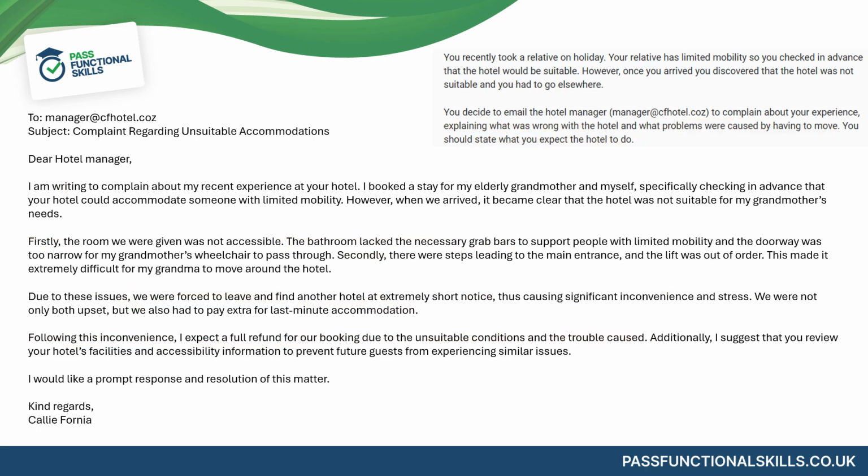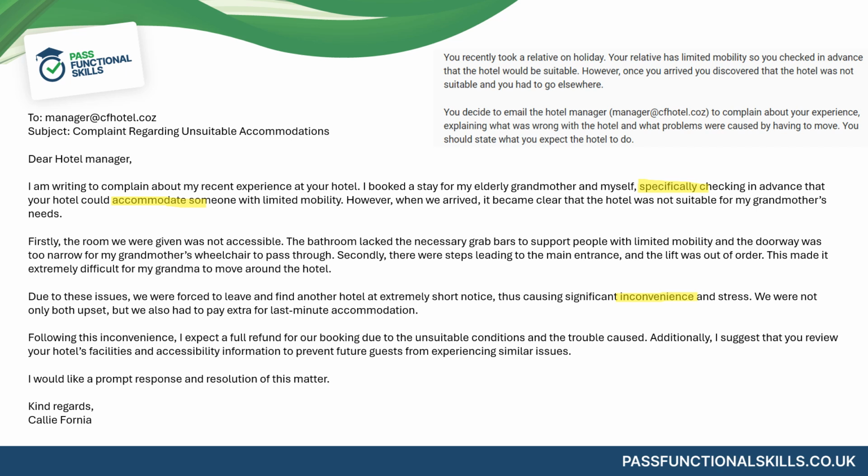Then finally, let's look at spelling, punctuation and grammar. So remember, for spelling, in order to get full marks, we need to have consistent use of complex and specialist words spelt correctly throughout. So just to give you a few examples, we've got words like specifically, accommodate, and also inconvenience.